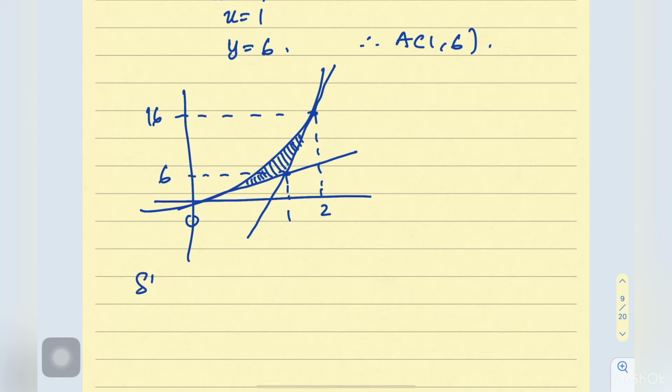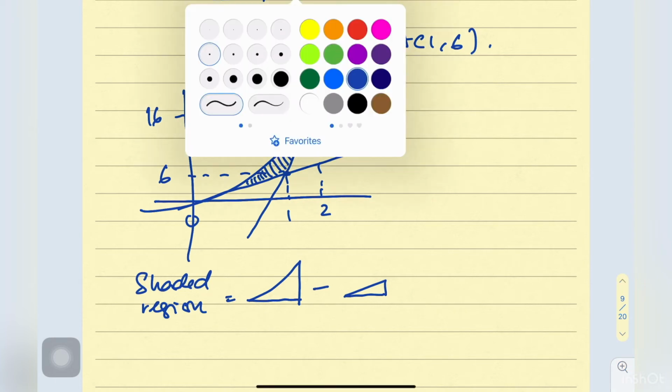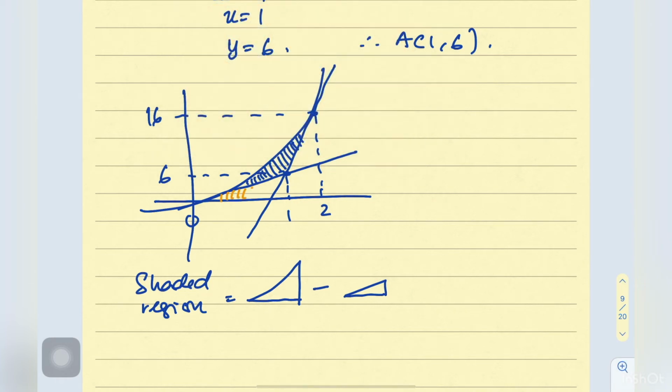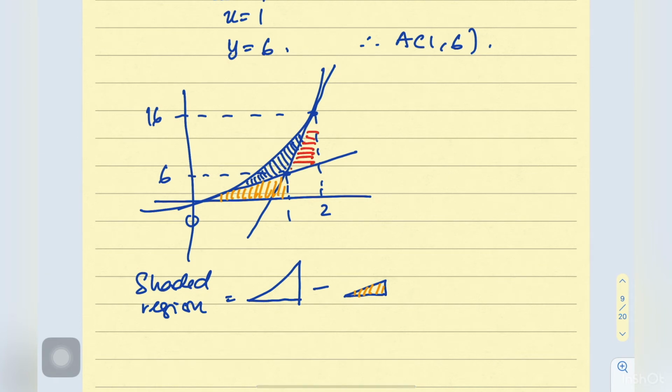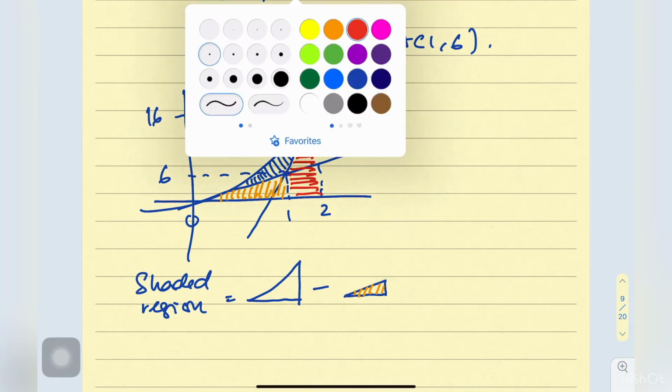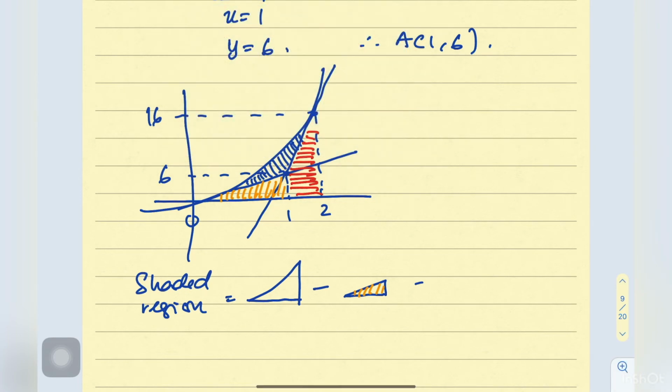So the shaded region or enclosed area equals all this area, minus the triangle, minus this shape, which is the shape of a trapezium.